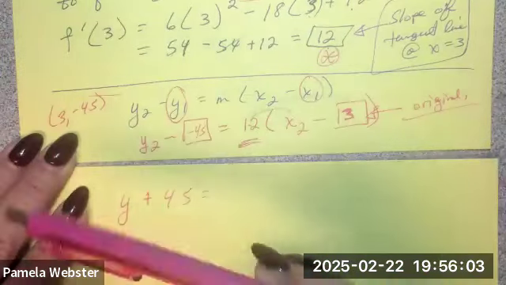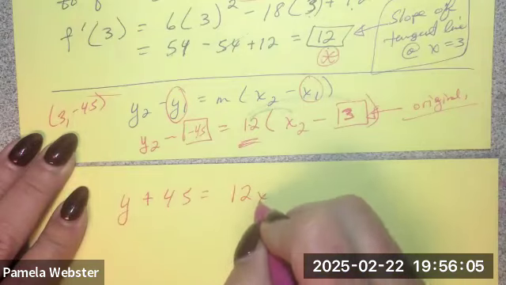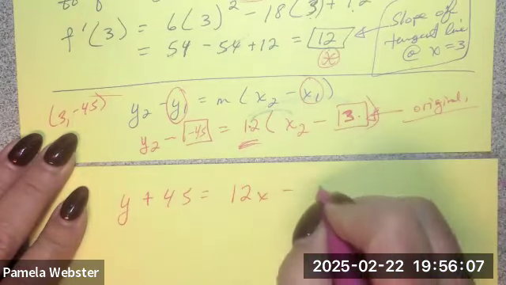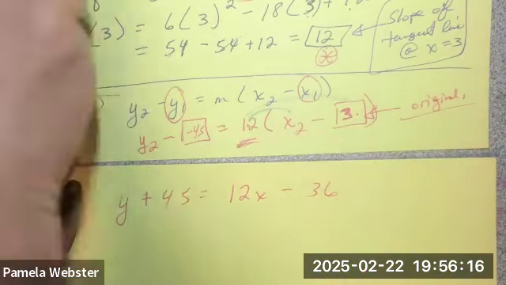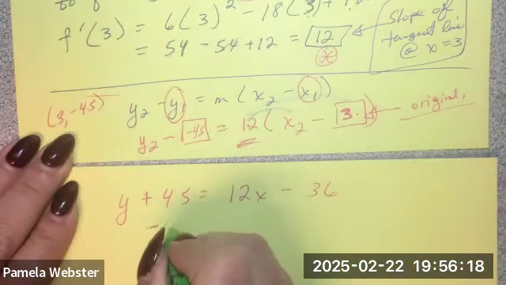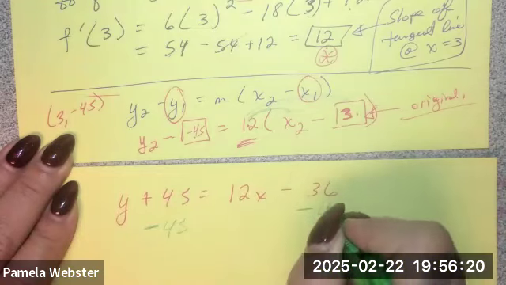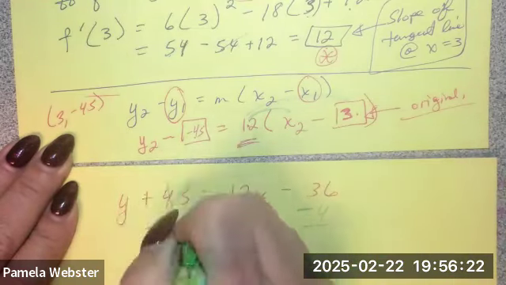12 times x sub 2, or 12x. 12 times minus 36, right? 12 times 3, negative 36. Okay, and then the last thing for me to do here is subtract off 45.